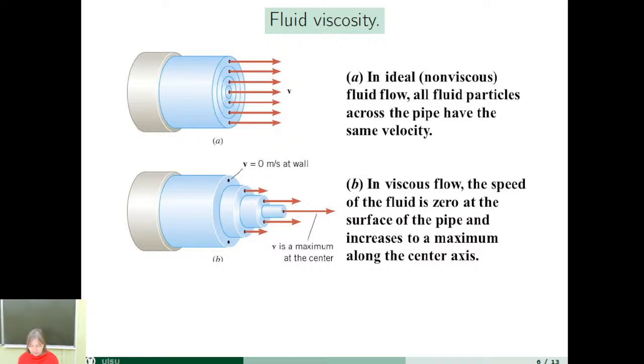When viscosity is present, the fluid layers do not all have the same velocity, as part B of the drawing illustrates. The fluid closest to the wall does not move at all, while the fluid at the center of the pipe has the greatest velocity.